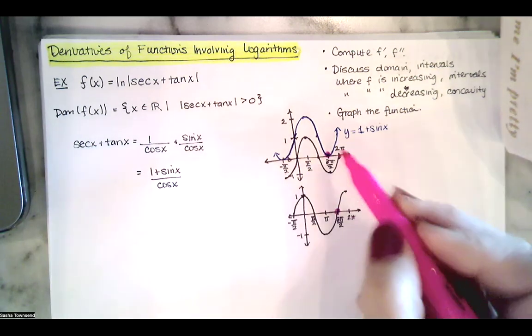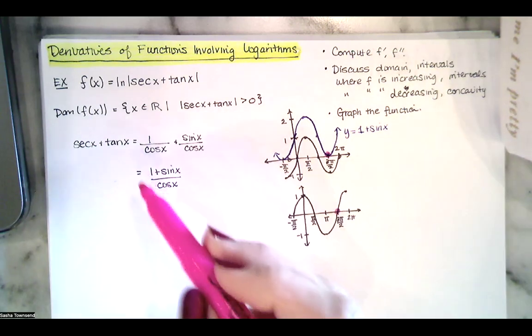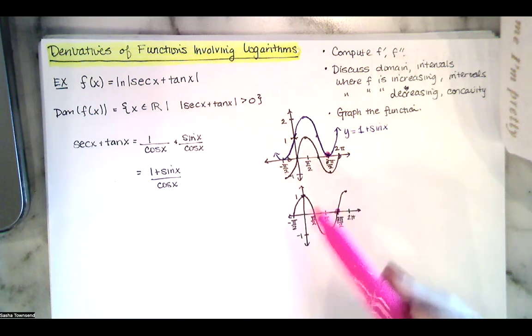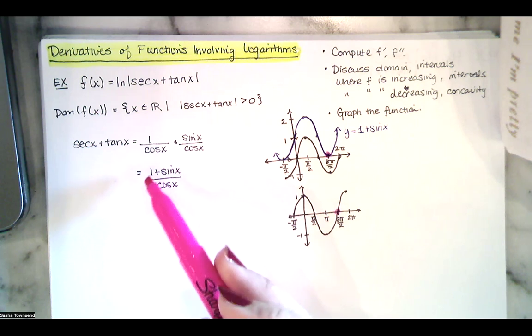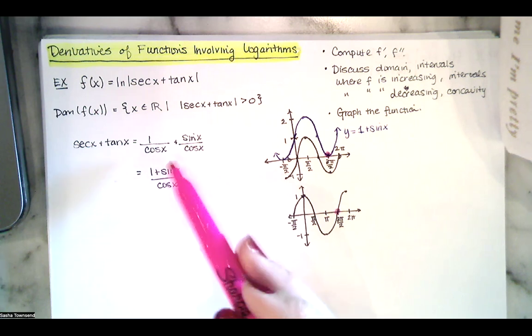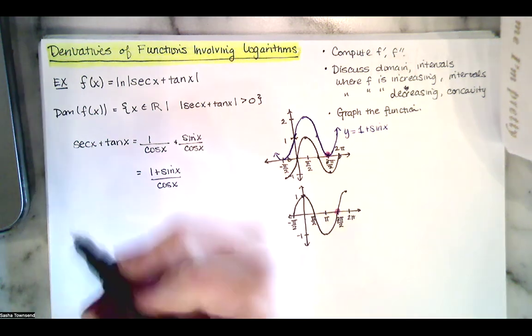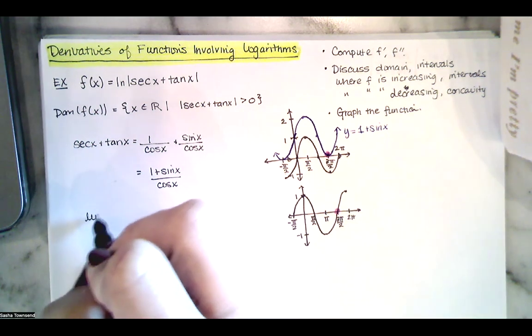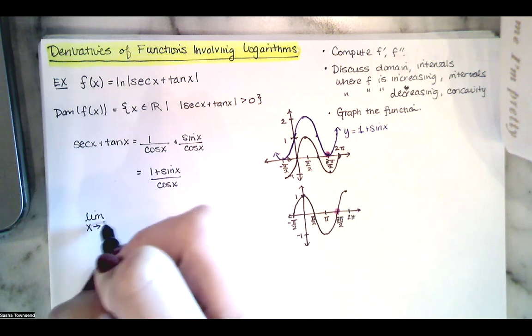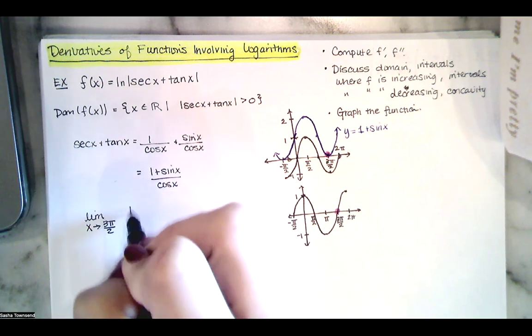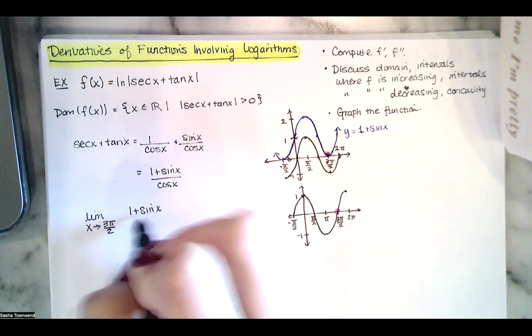So if I were evaluating the limit of this expression as we approach 3 pi over 2, what we would have is a 0 over 0 indeterminate form, because we'd have 1 plus negative 1, which is 0, divided by 0. So let's look at the limit as x approaches 3 pi over 2 of 1 plus sine of x over cosine of x.